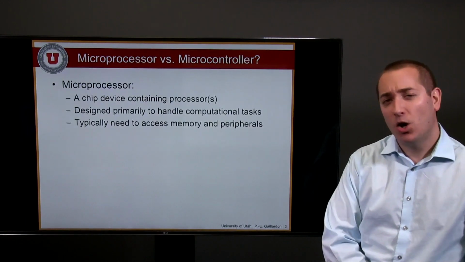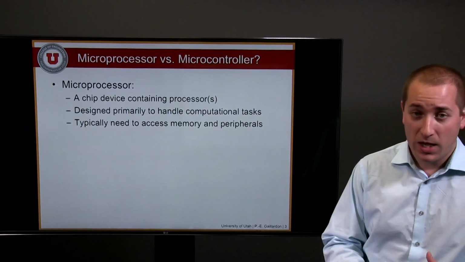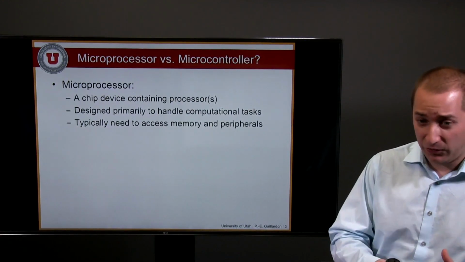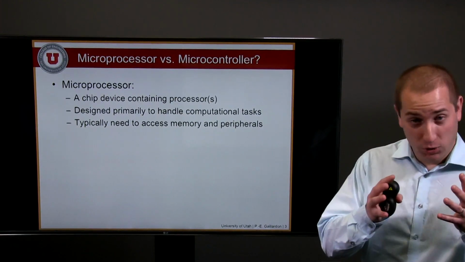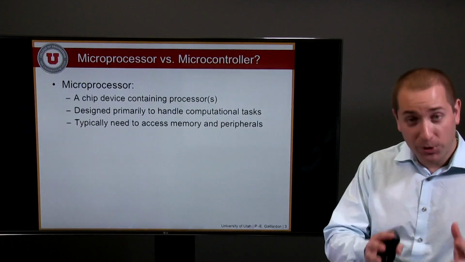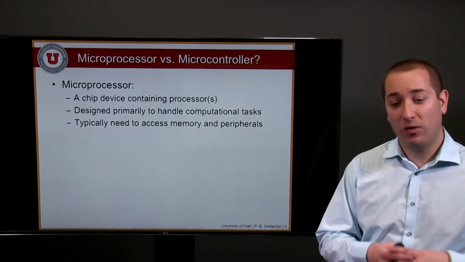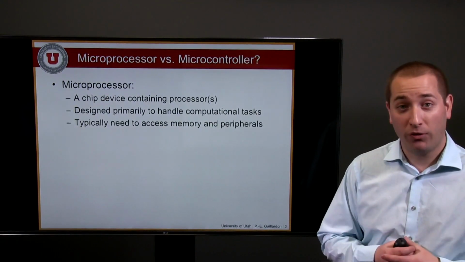So first of all, a microprocessor is a chip device containing processors, and its goal is to handle computational tasks. It is designed to grind numbers, to implement instructions and compute instructions. It typically needs to access memory and peripherals that are not part of the microprocessor.